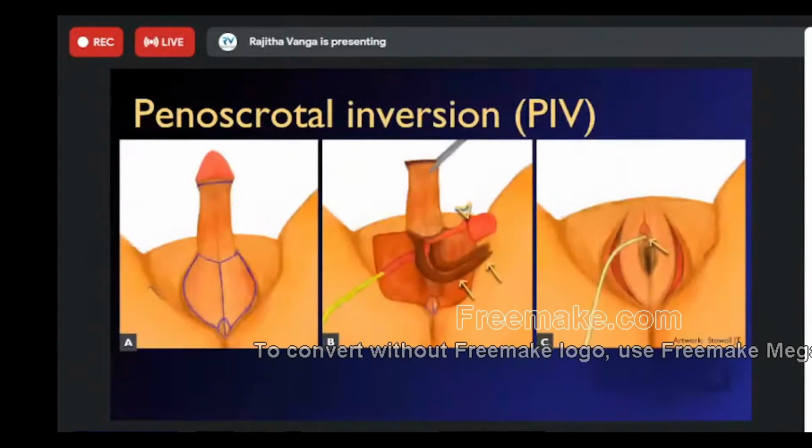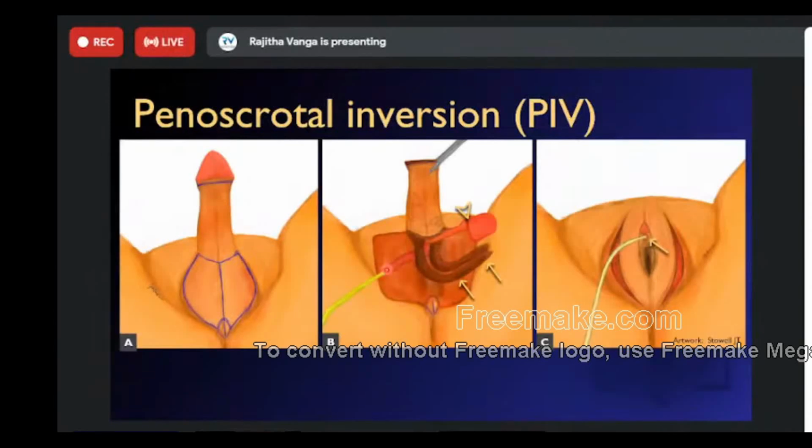First, about the penoscrotal inversion. The first image, the blue lines, indicates the lines of incision. The incision would be made, and the erectile tissues like corpora cavernosa and corpora spongiosum are all removed.